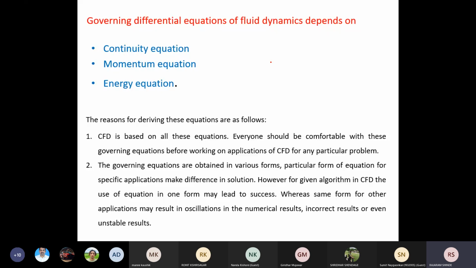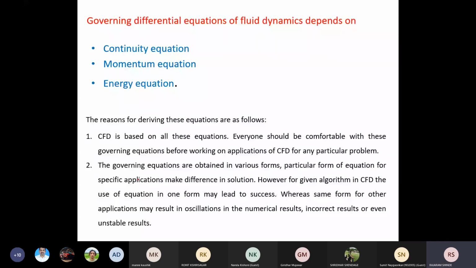Now here there are certain reasons for deriving these equations in different forms. If CFD is based on all these equations, and while doing CFD, everyone should be compatible with these governing equations, okay. That means you should be compatible with these three equations before working on these applications, okay.